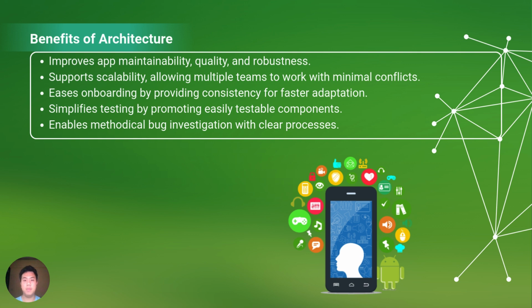New members of the team can quickly get up to speed and be more efficient in less time. It is easier to test. A good architecture encourages simpler types, which are generally easier to test, and bugs can be investigated methodically with a well-defined process.